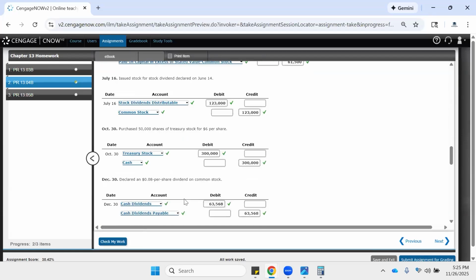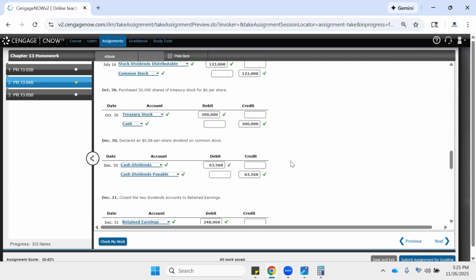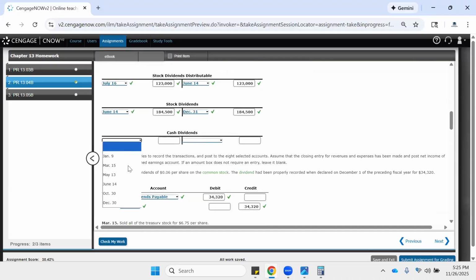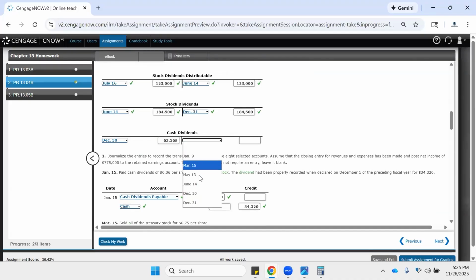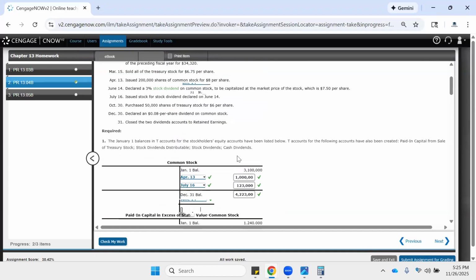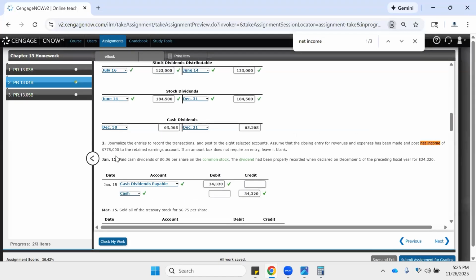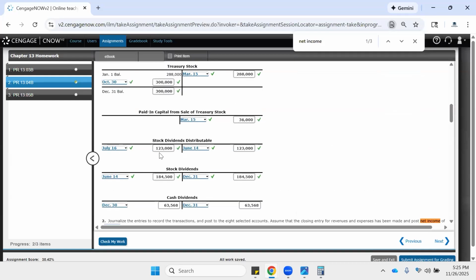Now, the cash dividend was paid out on, or what was declared on December 30th, and then closed out on the 31st. So that's our journal entry there. And then retained earnings. Net income was made of $775,000.